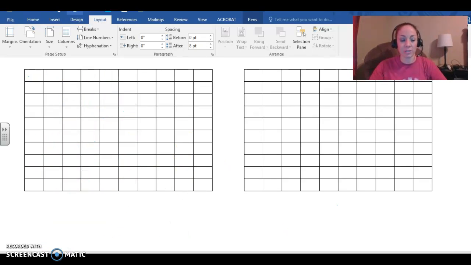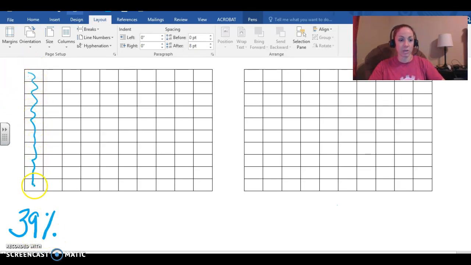We're going to do 2 more together. This next one we're going to show 39%. So we'll color in 39: 10, 20, 30, 31, 2, 3, 4, 5, 6, 7, 8, 9.